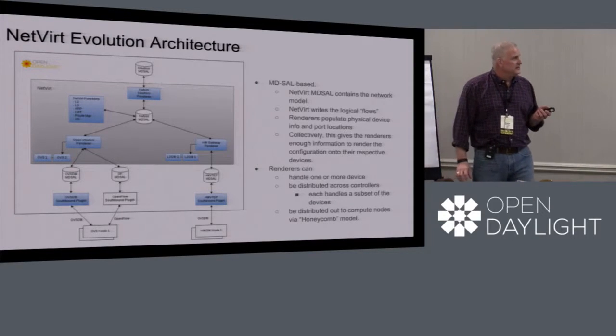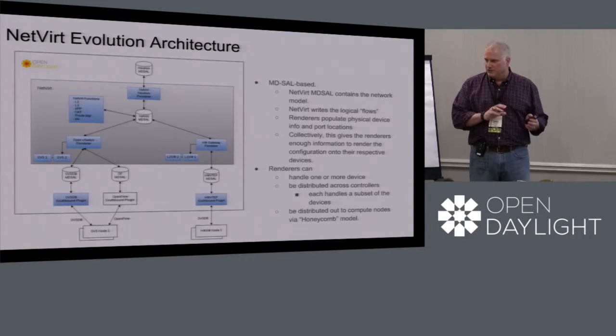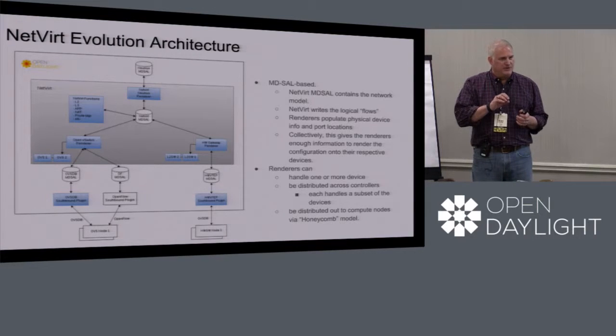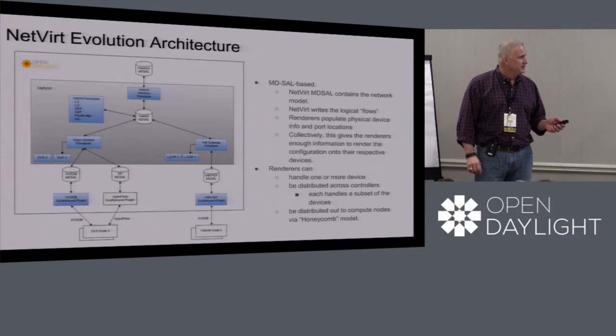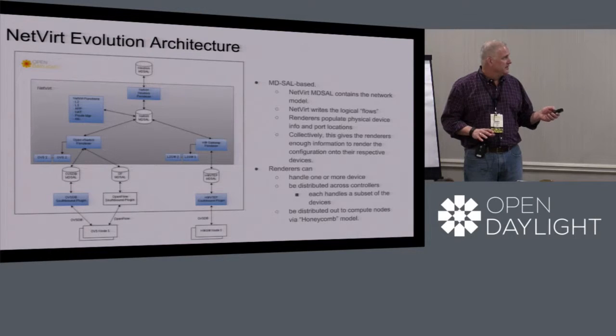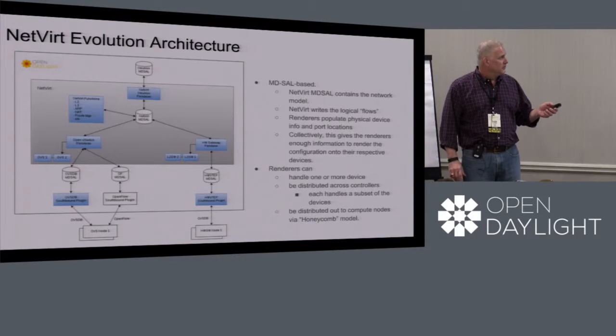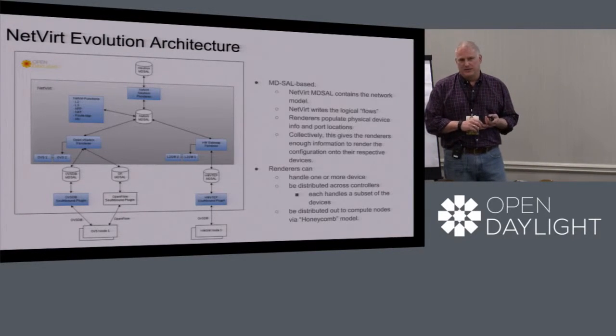So just looking at these two, the hardware gateway and the OVS switches, we're working on building a centralized NetVirt model, so a network model that describes what is required from the northbound side, what Neutron is asking us to do, and then also information about the southbound devices, so physical devices, what's there, what the network addresses are.